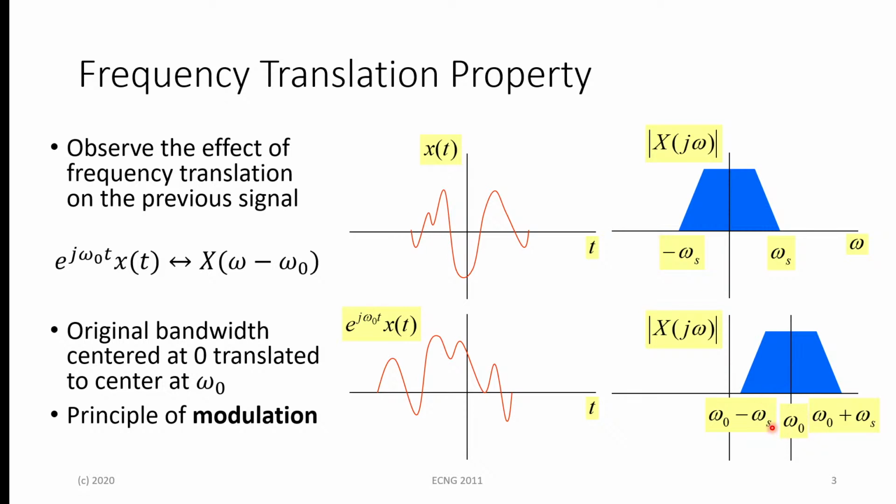And because we knew that the ends of the signal, in this case the bandwidth, were omega s and minus omega s, the uppermost limit is going to be omega naught plus omega s, and the lowermost limit is going to be omega naught minus omega s.